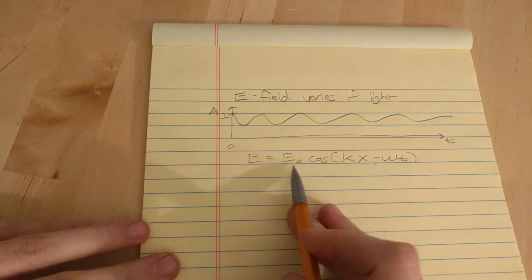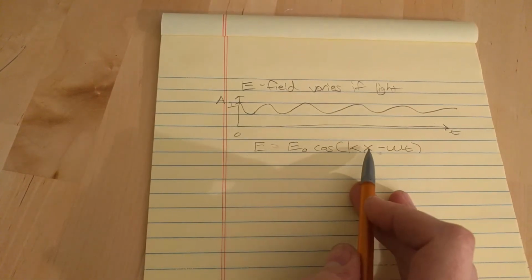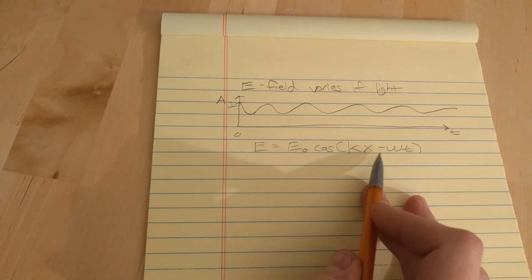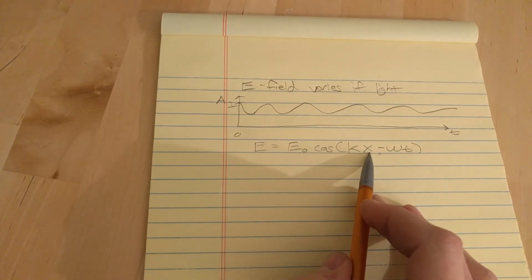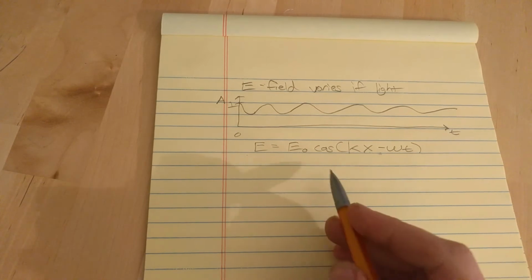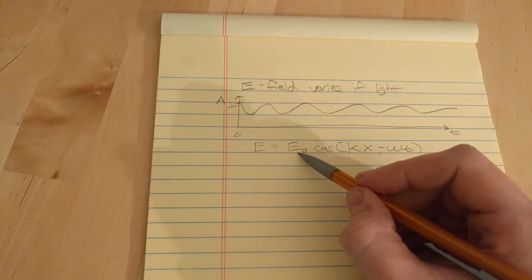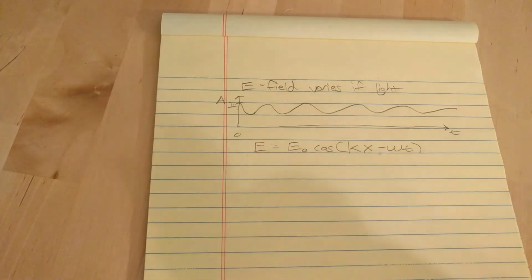That's really just the general solution for the wave equation, which describes a wave that propagates through space and time. And this E naught is the amplitude at time 0. For this example, I said it's 1.